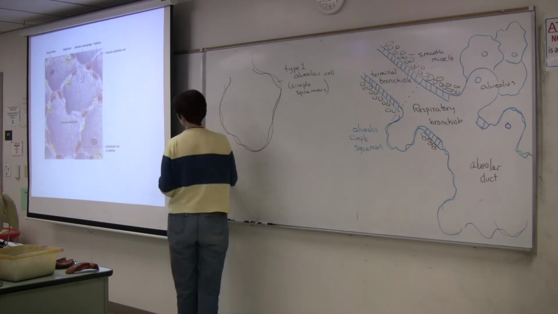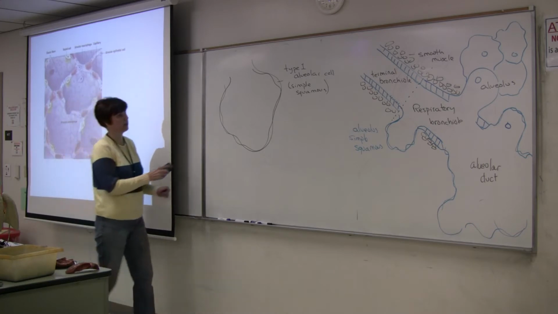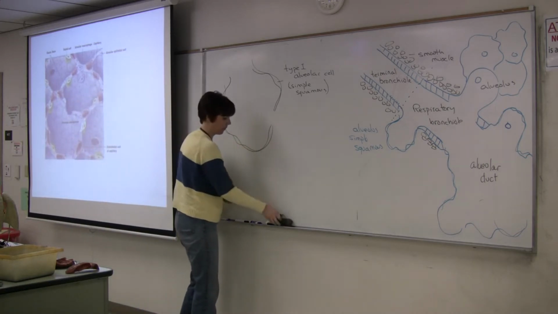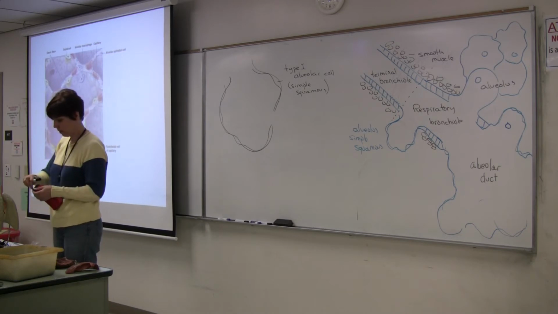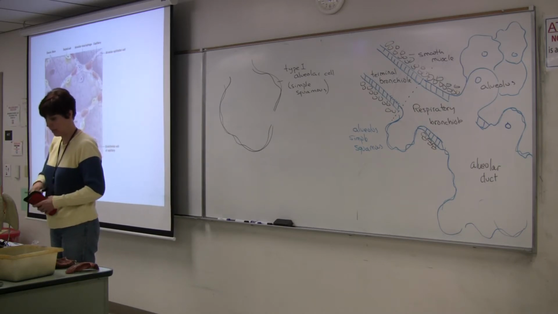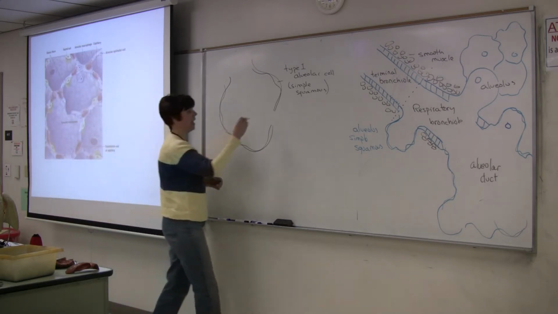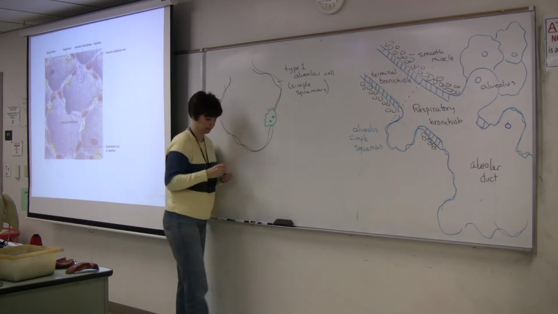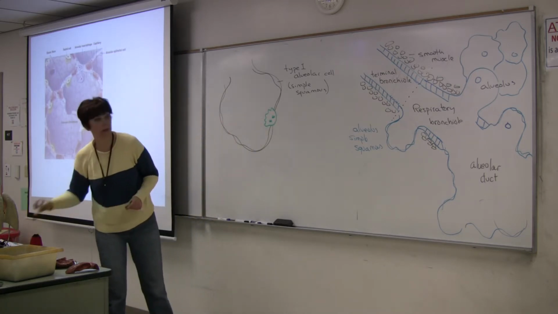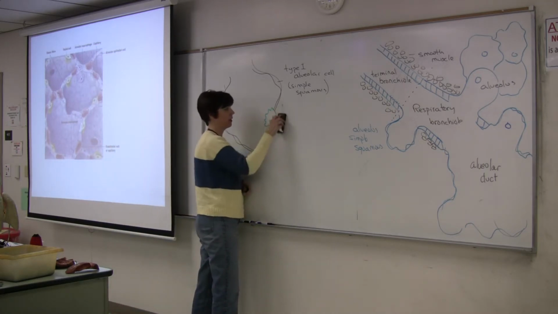In between, or inserted amongst the simple squamous epithelial cells, type 1, are type 2, which are not involved in gas exchange, but are involved in the synthesis and secretion of a lipid material known as surfactant. And so this is identified as a type 2, or alveolar cell type 2.